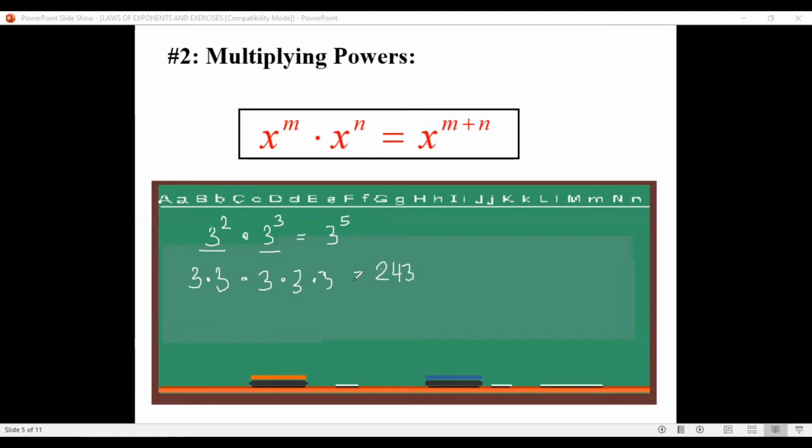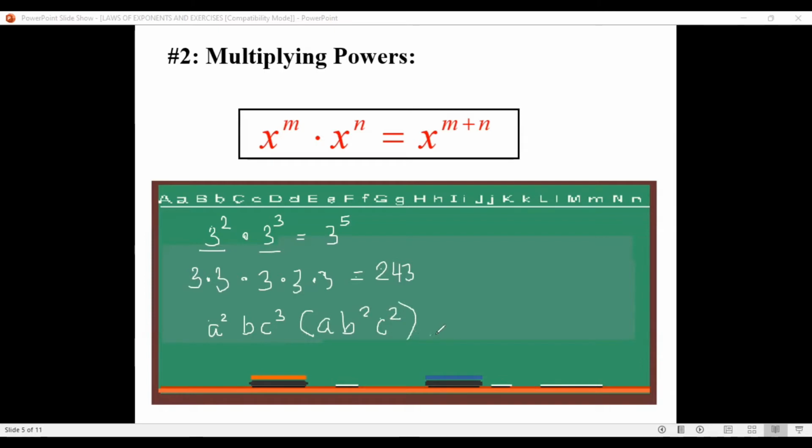So that applies also when you are dealing with variables. Let's say, for instance, you are multiplying a squared, b, and c raised to the third power, and we are multiplying this by a, b squared, and c raised to the second power, or c squared.